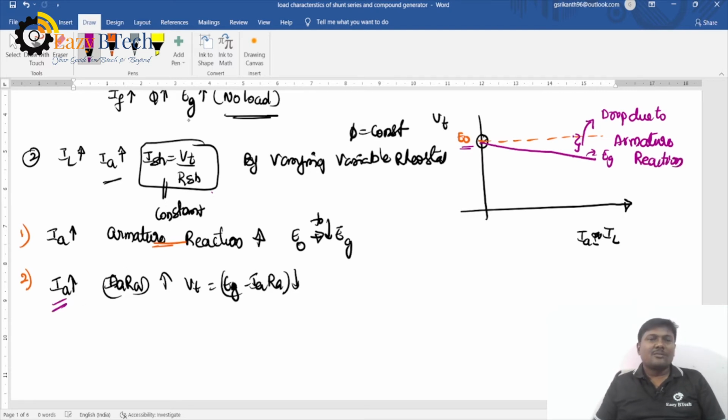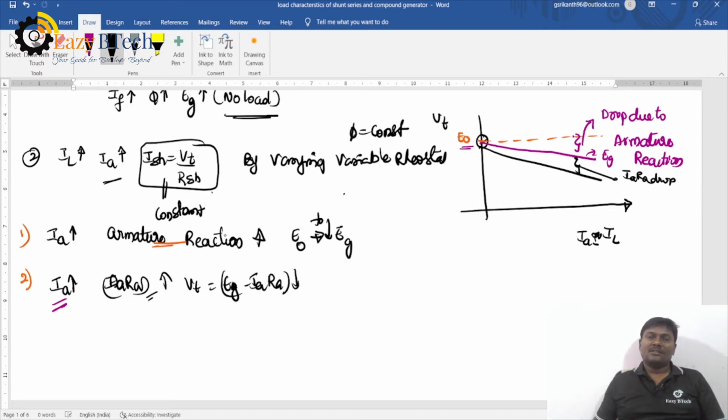The second drop is also produced: the gap between these two is called the Ia Ra drop.